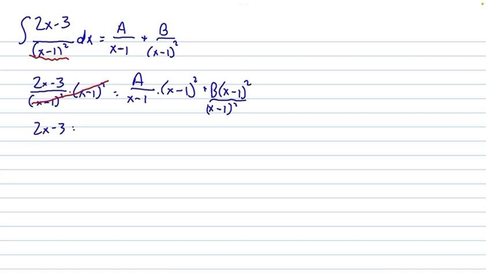On this side, one of them is going to cancel, so we have A times x minus 1.